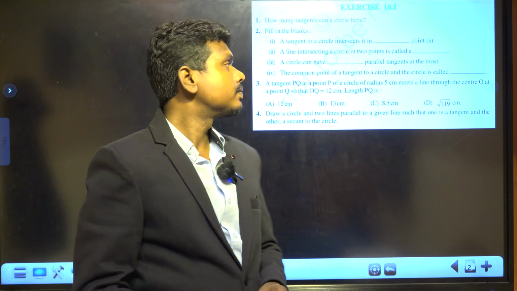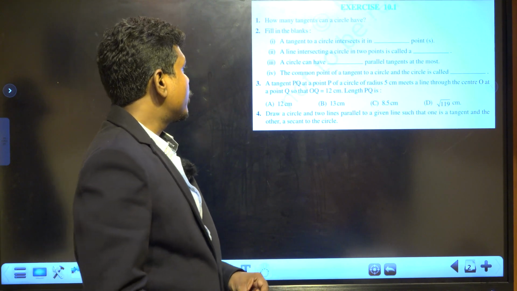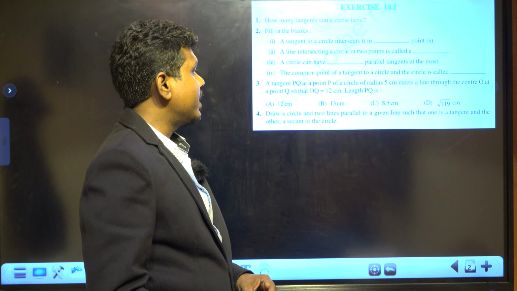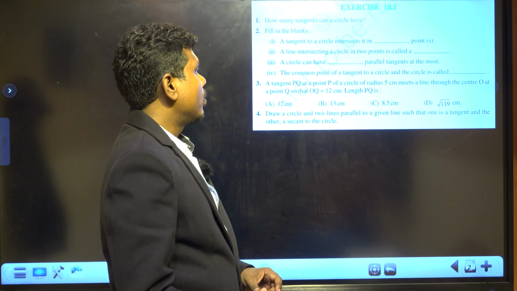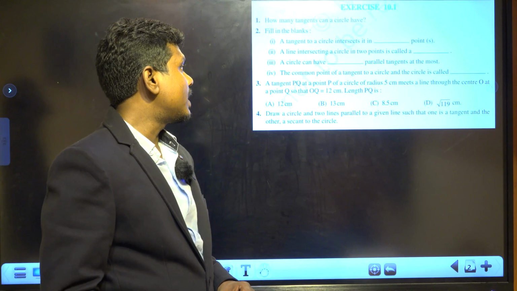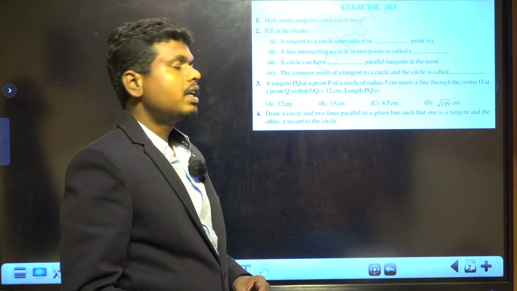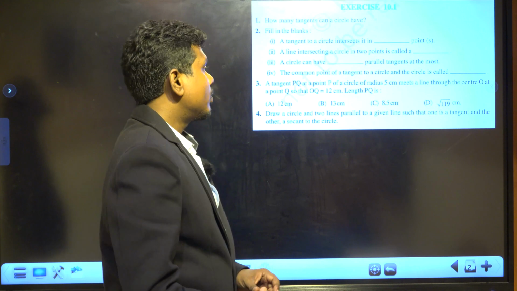Question number 3. A tangent PQ at a point P of a circle of radius 5 cm meets a line through the center O at a point Q, so that OQ is 12 centimeter. The length of PQ is? Now let's draw the diagram.